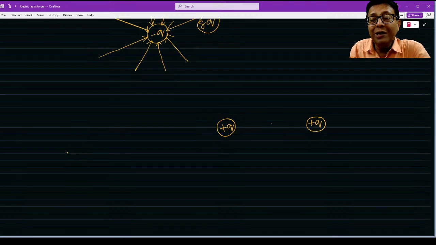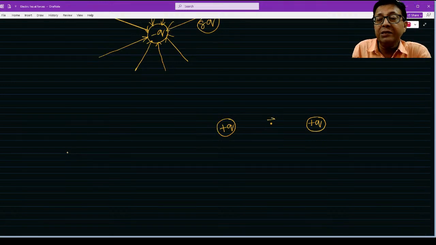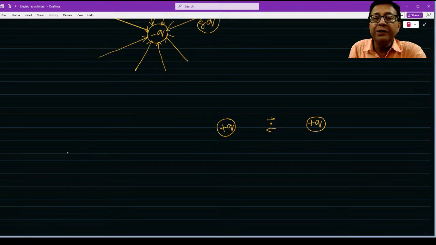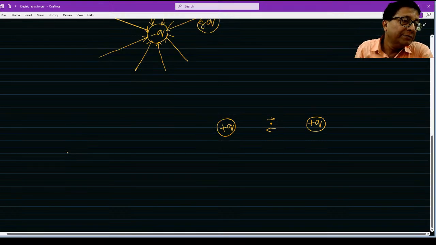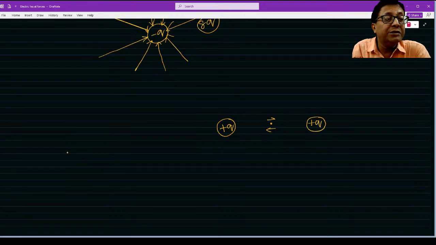Initially there is one point where the field due to this and the field due to this get cancelled. Agree or not? There will be a point where the field due to this and the field due to this get cancelled. No field will be there. That point where electric field strength is 0 will be referred to as the neutral point.